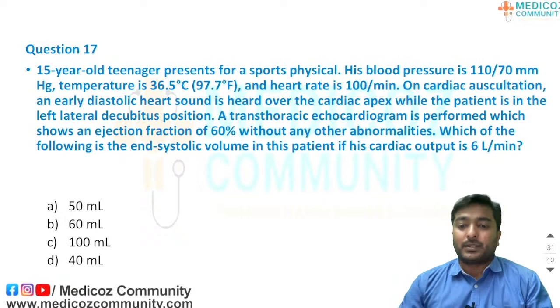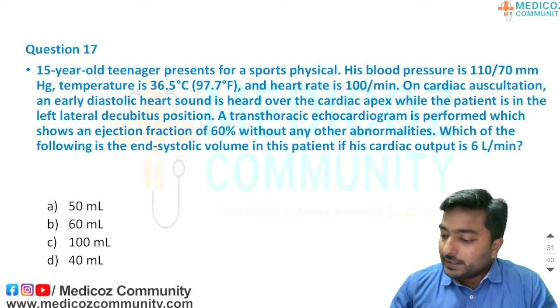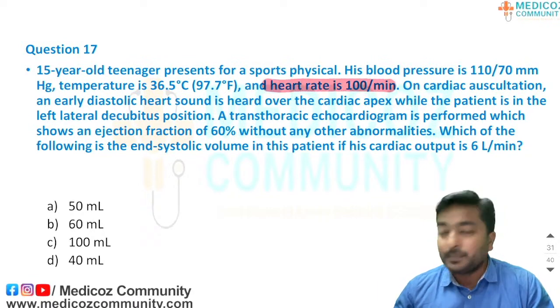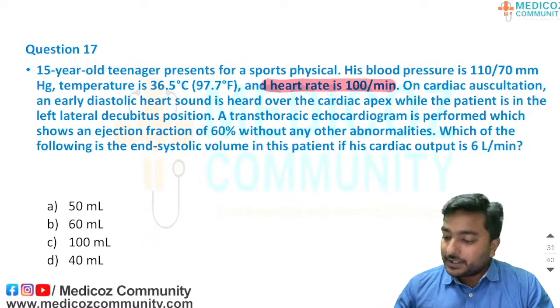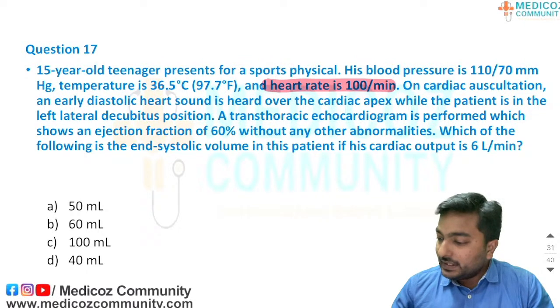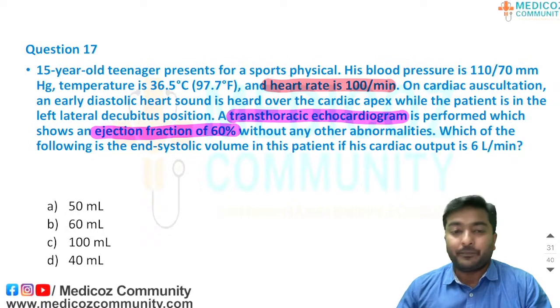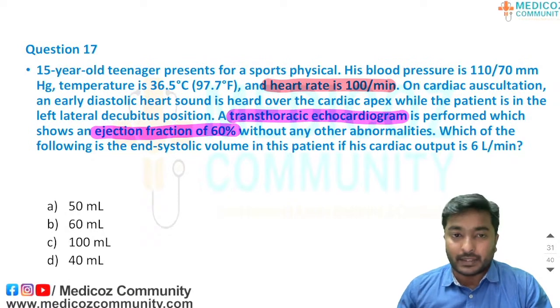This is a calculation based question. Okay, a 15-year-old teenager presents for a sports physical. Blood pressure is 100/70, temperature is 36.5 and the heart rate is 100 per minute. On cardiac auscultation, an early diastolic heart sound is heard over the cardiac apex while the patient is in left lateral decubitus position. They did a transthoracic echocardiogram and found an ejection fraction of 60%, without any other abnormalities.